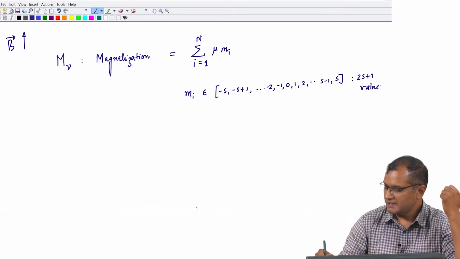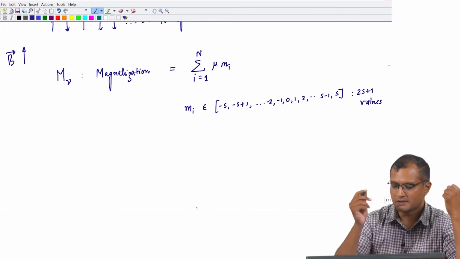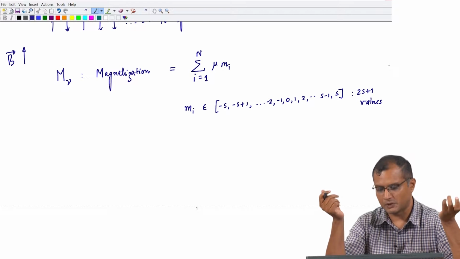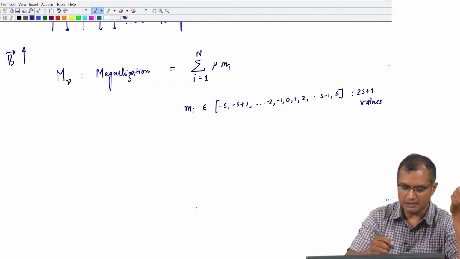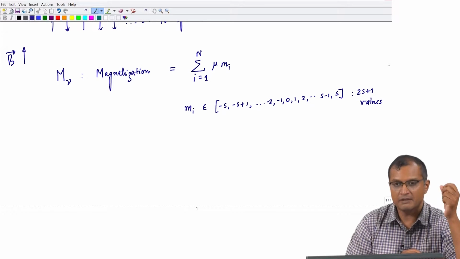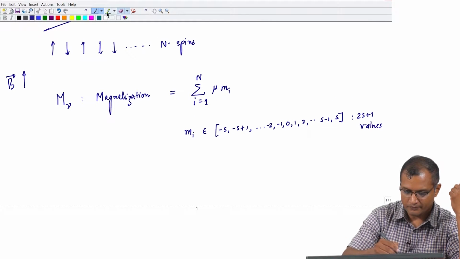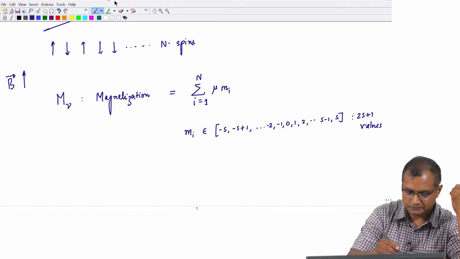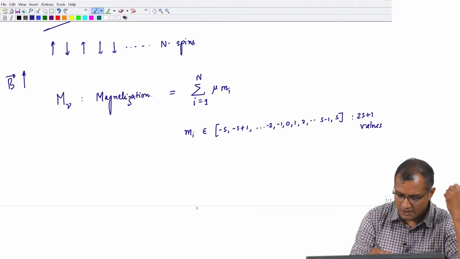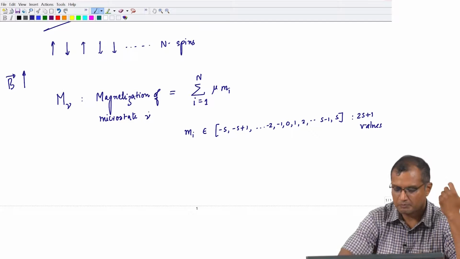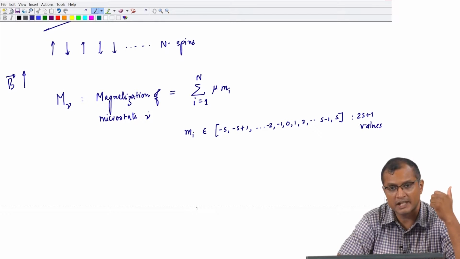So, the mi's, that is the excitation of each spin, can assume values between minus s to plus s, total 2s plus 1 values, and what I have written here is nothing but the magnetization of some microstate nu, okay, which is a label of a microstate.